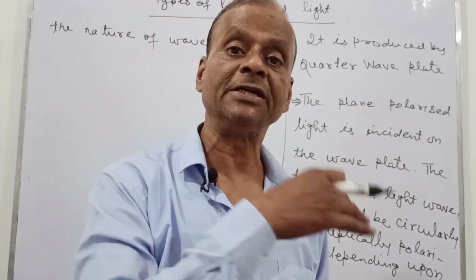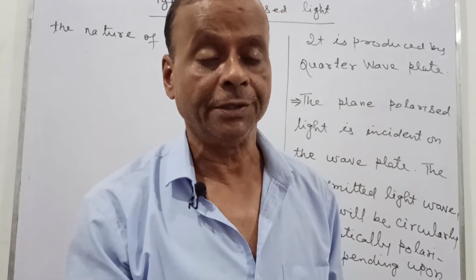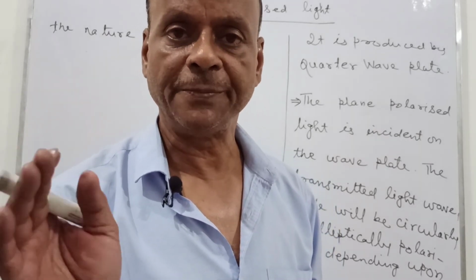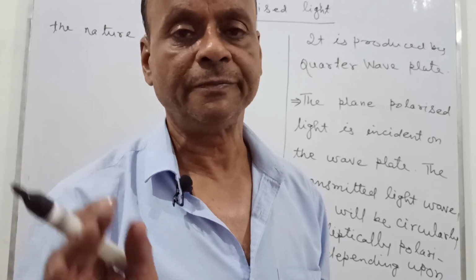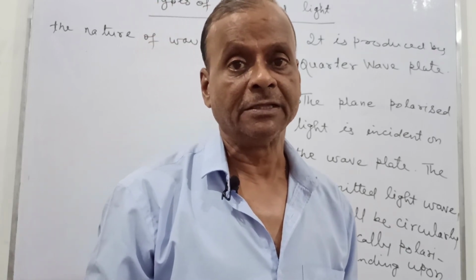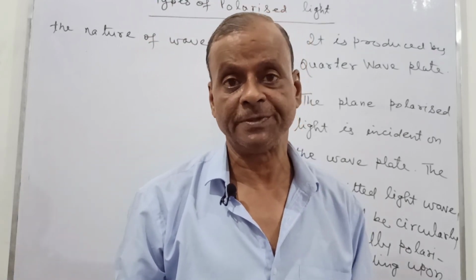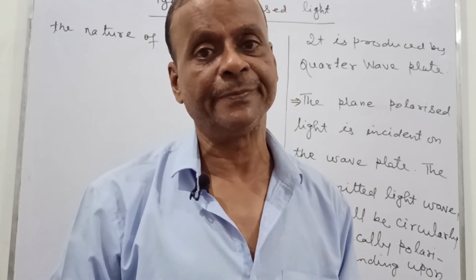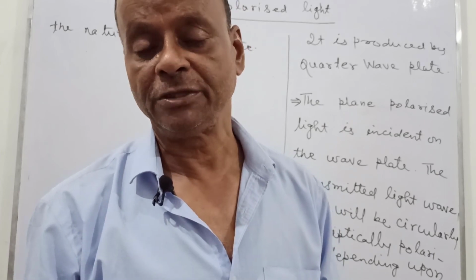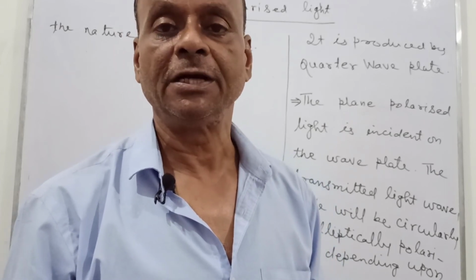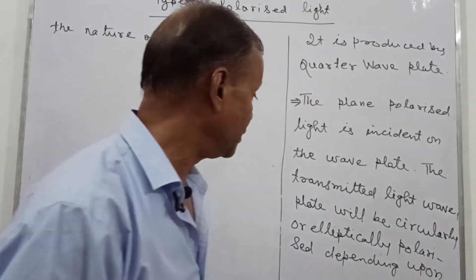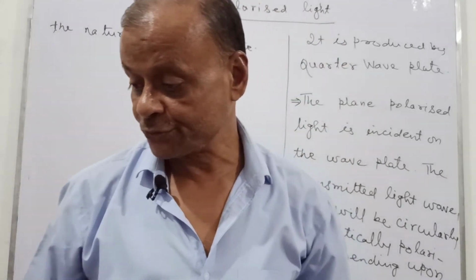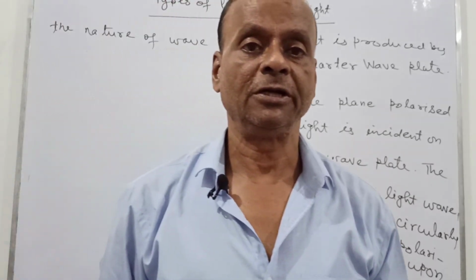Then the light transmitted will be either circularly or elliptically polarized depending upon the nature of the plate. If you take the half wave plate, the transmitted light will be circularly polarized, and if you take the quarter wave plate, it will be elliptically polarized. So this is how to produce the elliptically and the circularly polarized light.